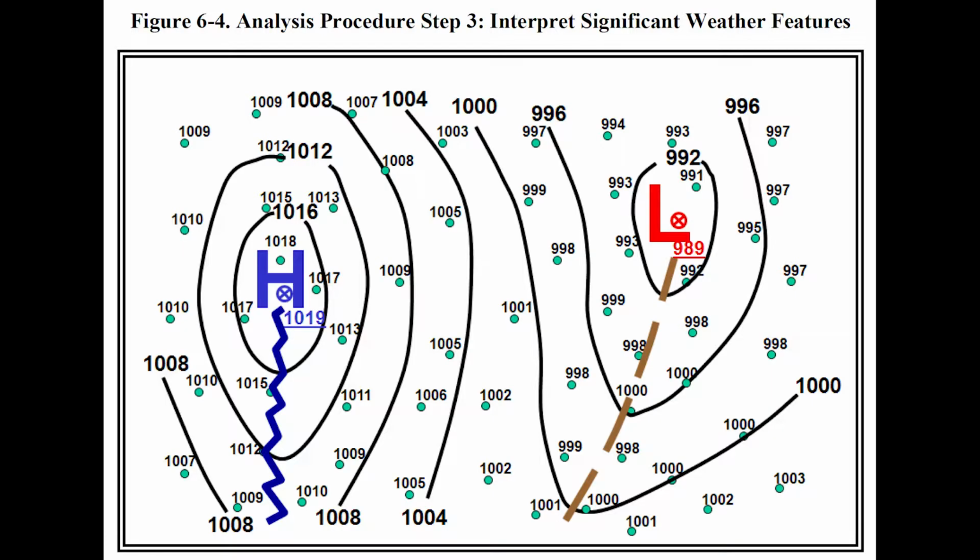But in talking about air pressure and areas of higher and lower pressure, a trough is an elongated area of lower pressure, and a ridge is an elongated area of higher pressure. So here, in figure 6-4, they show a high, but then also an area of pressure leading away from the high that's also remaining high in pressure.